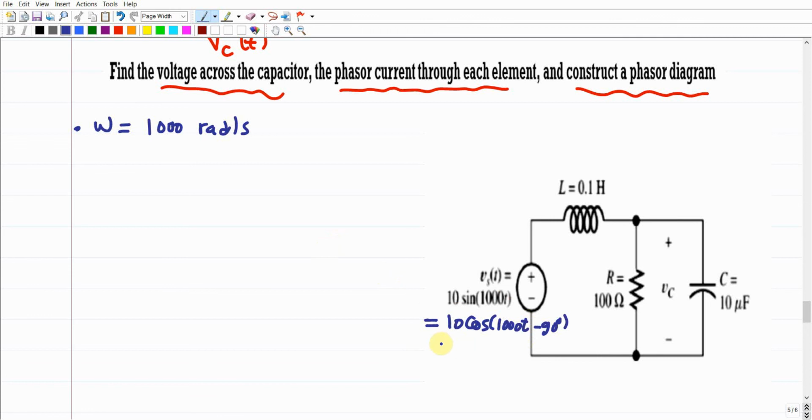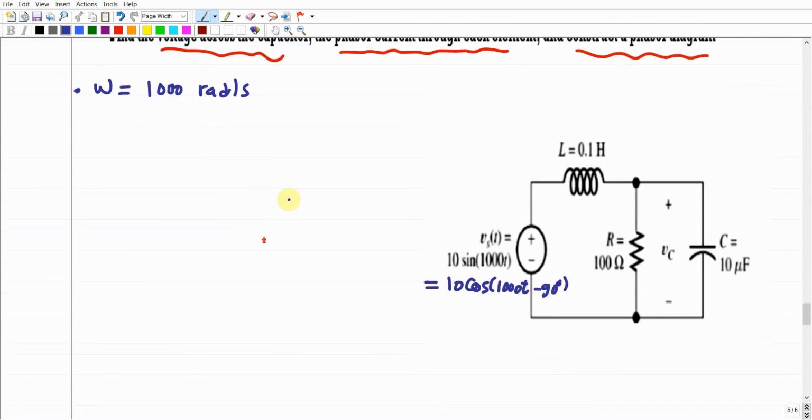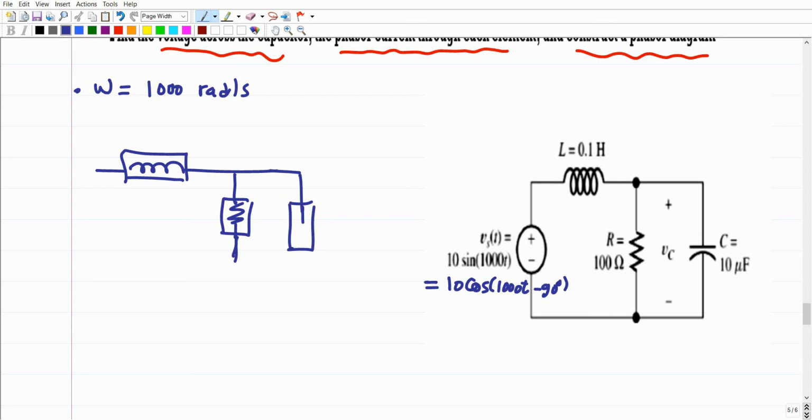Then you're going to convert this into phasor. If we draw the electrical circuit one more time, this is going to be the coil. You can even just put a box here, because anyway all of them are different impedances. And we do have a resistor, or you can just add a box without drawing the resistor itself, and another box for the capacitor.